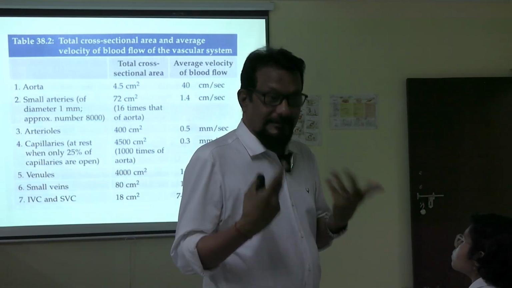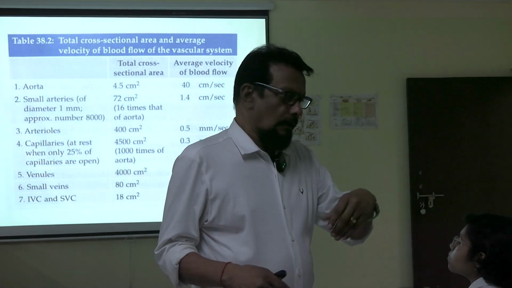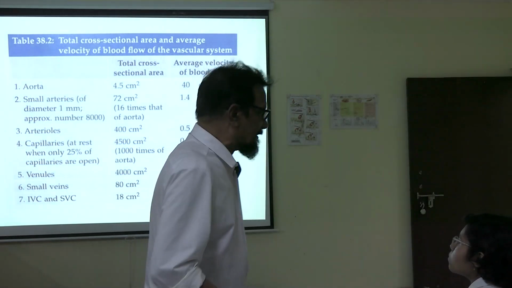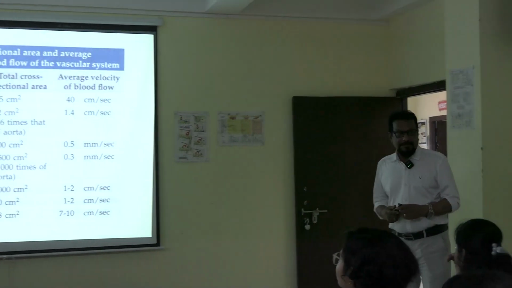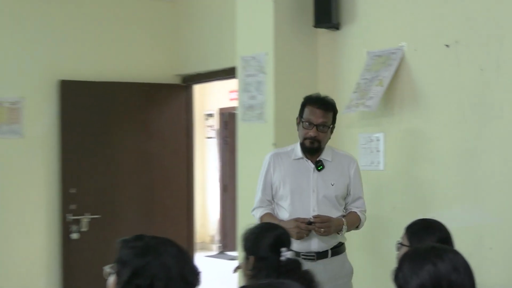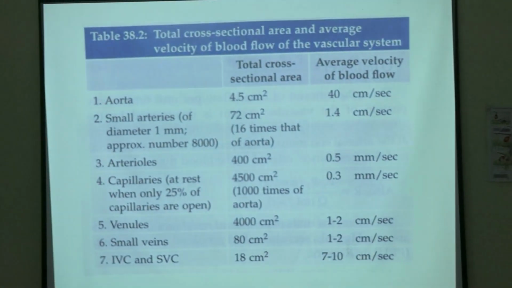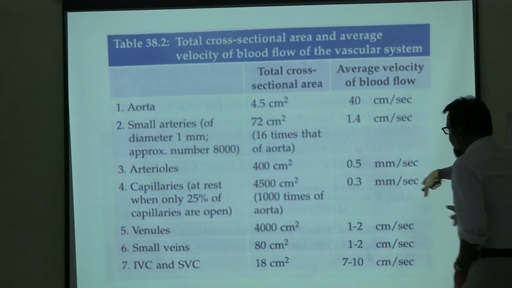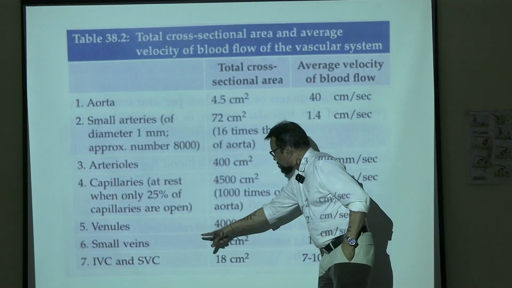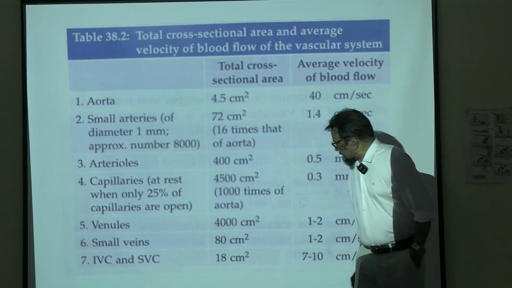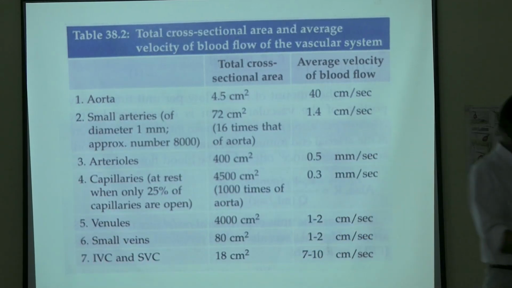But when we do exercise, they open up. Before that, how they work, I will be discussing. And again you see the cross-sectional area is increasing. In the venule, it is 4,000, less than this. In the small veins, it is 80 centimeters square, and in the IVC and SVC, it is 18 centimeters square.